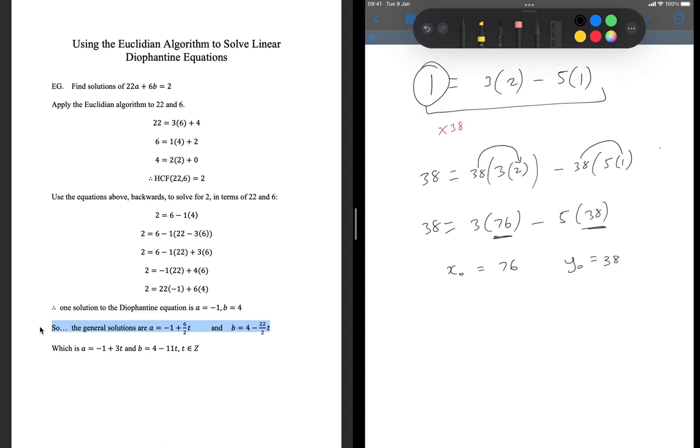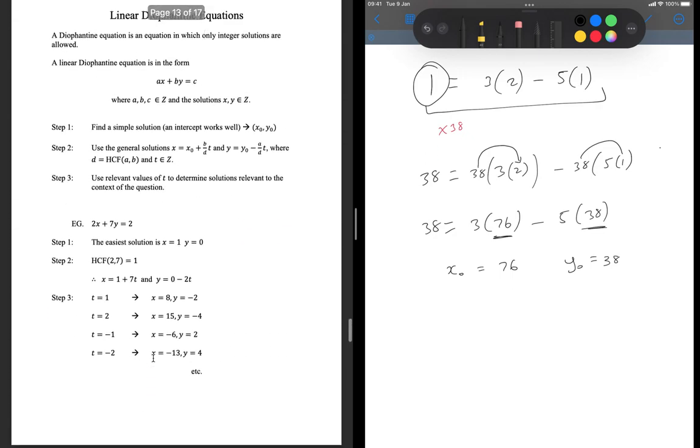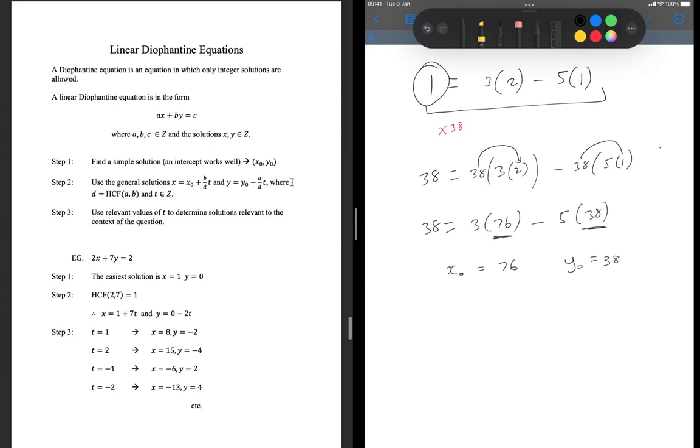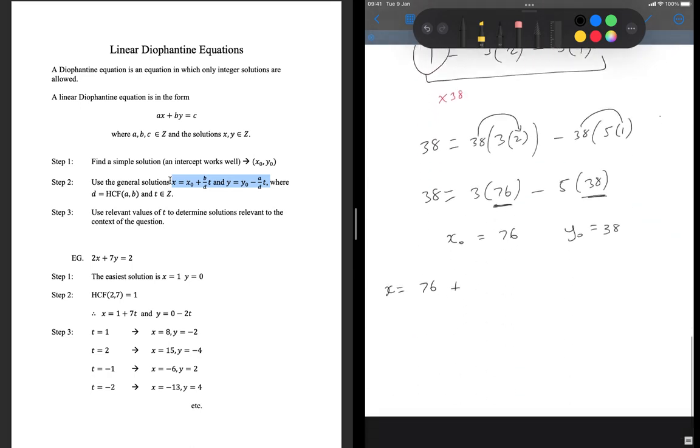Because now we can use those general solutions to solve for this. I'm just going to go back to this section where those solutions are given. So now we know x is x0, which is 76, plus b, which is our coefficient of y. I'm just going to rewrite the general equation.